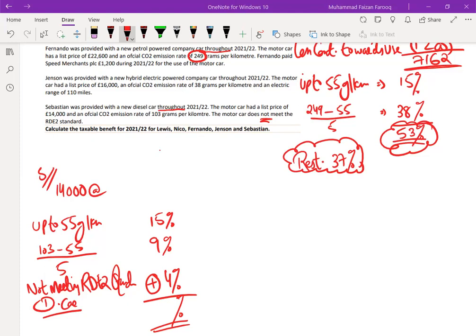So what will be my rate? You can say it's a surcharge or something like that. 28%. And the answer is 3920. Any questions, please?